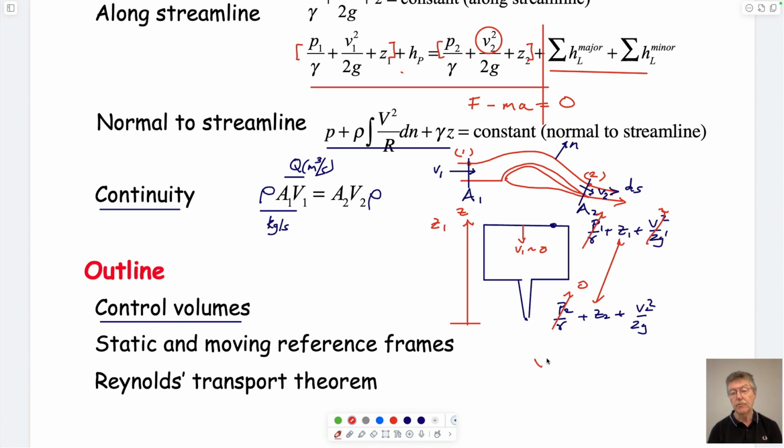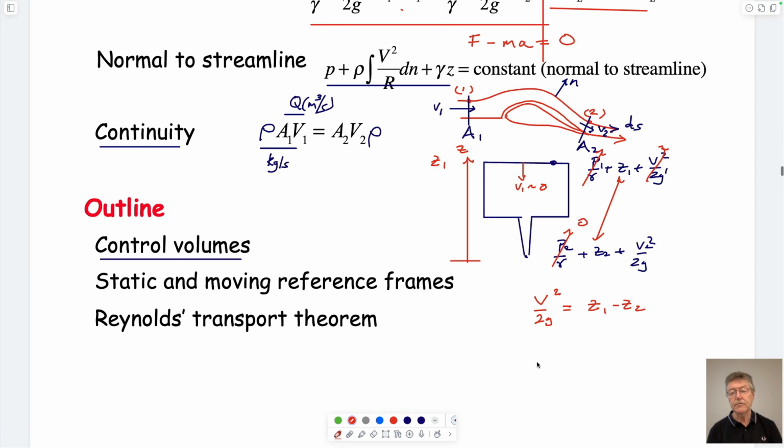So you can write this out as V squared over 2g equals Z1 minus Z2. It's a standard result: V is equal to the square root of 2g times H, because Z has direction as well, and this is a height.